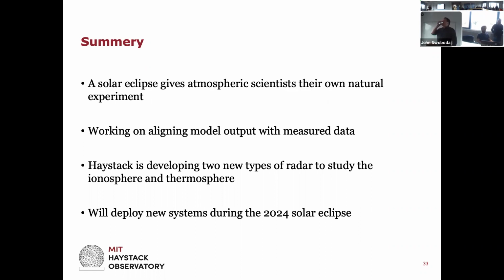Also, I think we could see changes in the geomagnetic field due to the eclipse, right? We see changes? Yeah, actually, you can see changes, but due to the currents in the ionosphere, can you really correlate changes in the geomagnetic field to the currents?